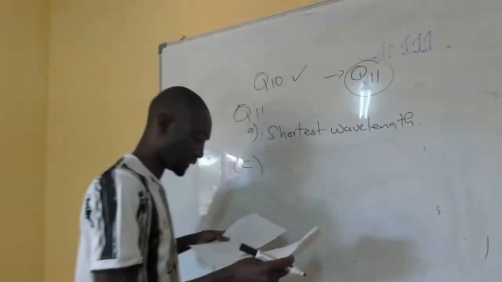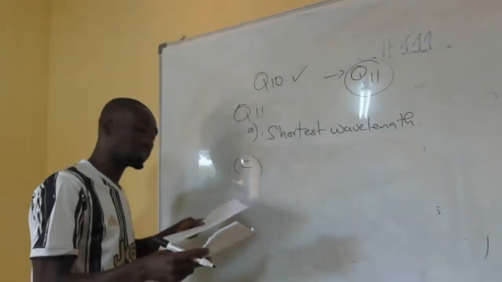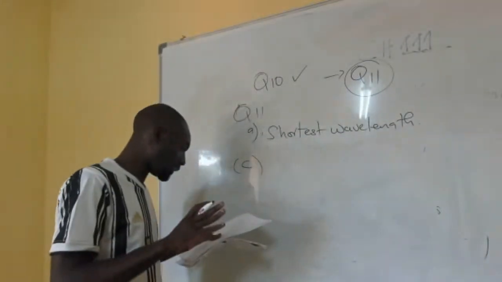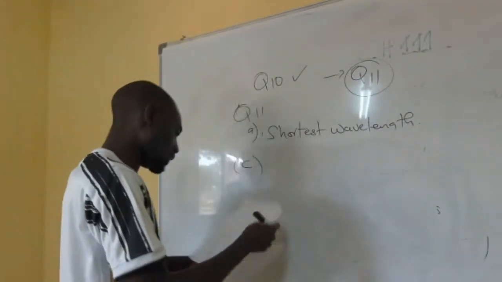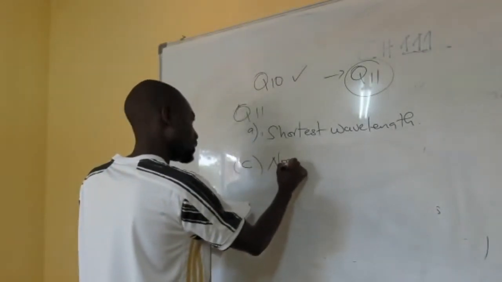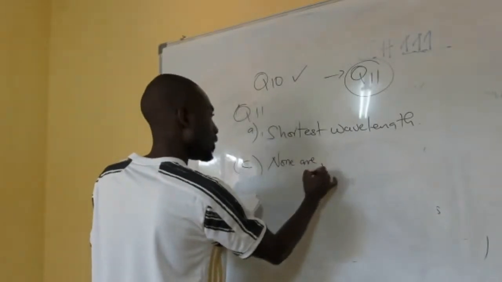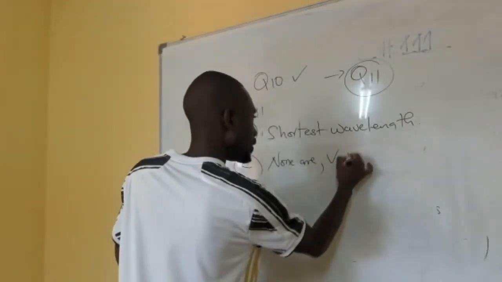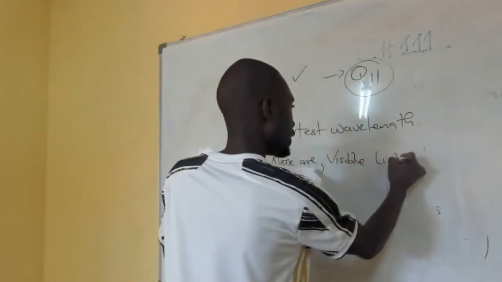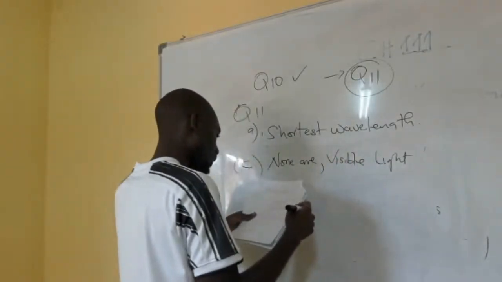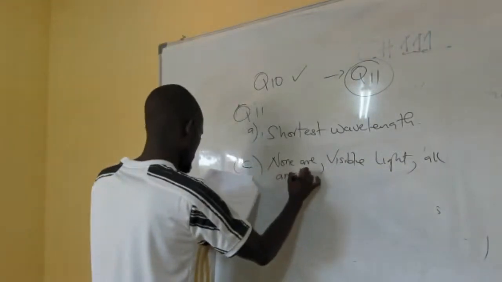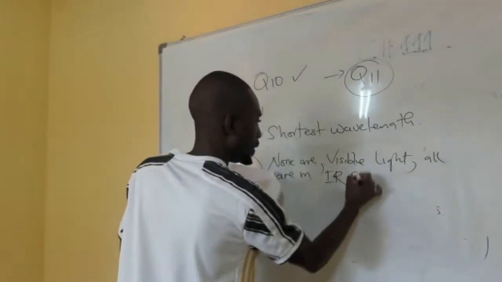what color or colors are these lines? So if you look at this, the answer should be none are visible light, or are in the IR region.